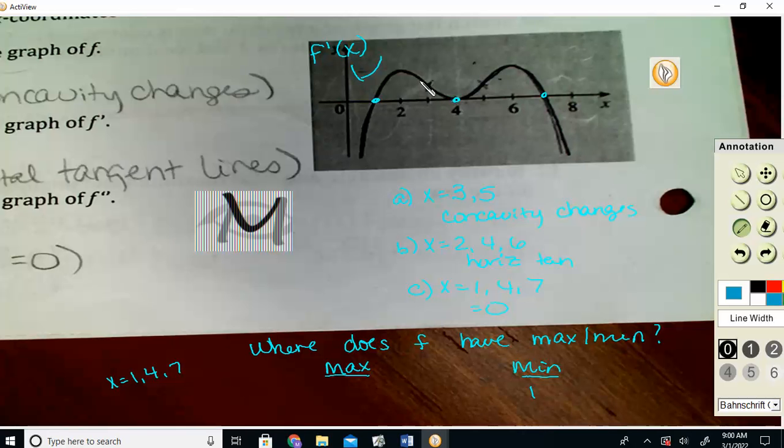Okay, what about at 4? It was positive, so increasing, and then still positive, so still increasing. So does anything happen there? Okay. At 7, it was positive, so increasing, then negative, so decreasing. So increasing to decreasing would be a max at 7. Does that make sense?